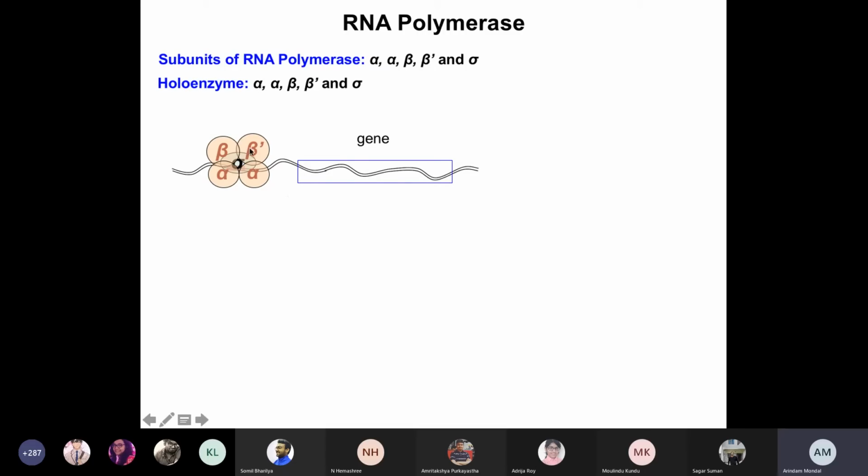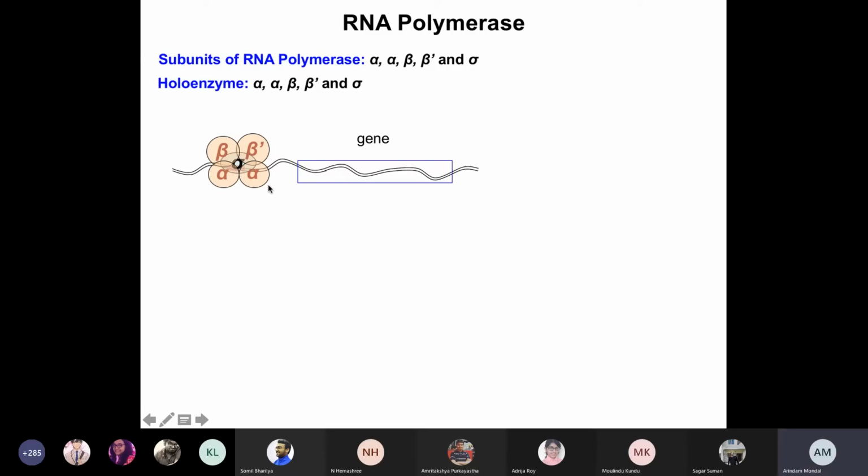But then, because the sigma subunit binds the promoter sequence in a very strong fashion, although it can initiate the transcription process, it will not be able to proceed along the template so that it will enter into the elongation phase. So the recognition of the promoter by the sigma subunit and then reconstitution of the holoenzyme is the initiation.